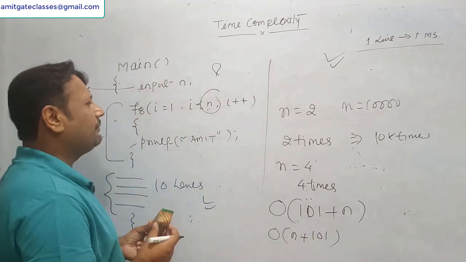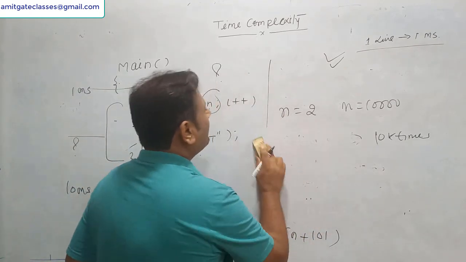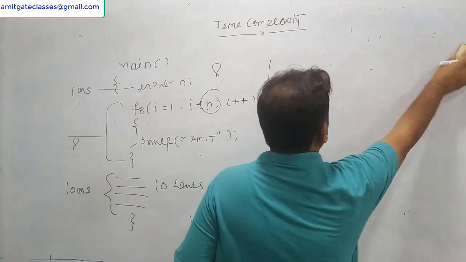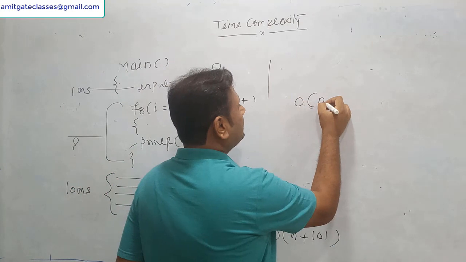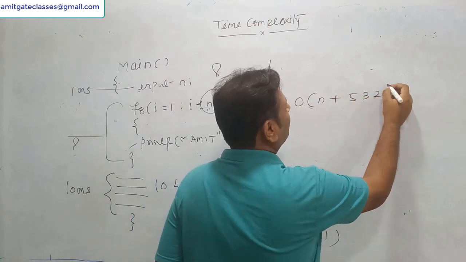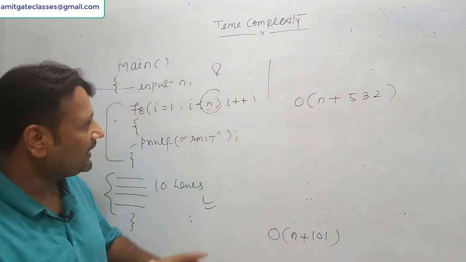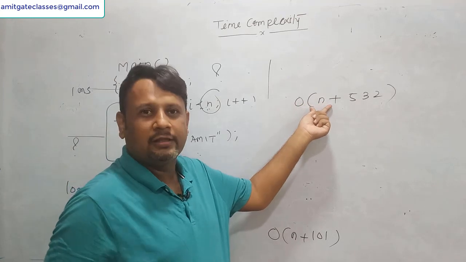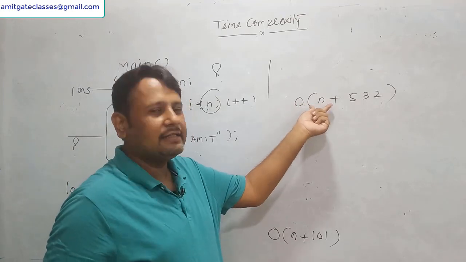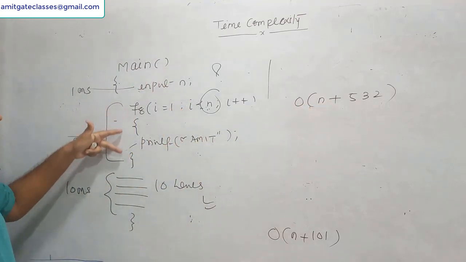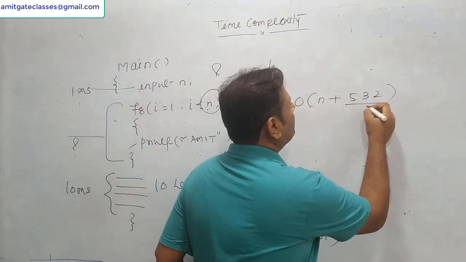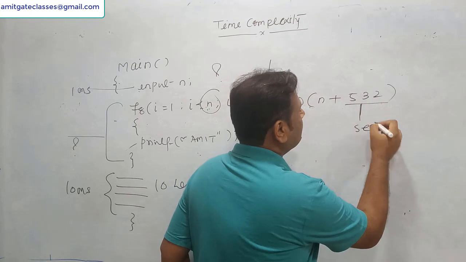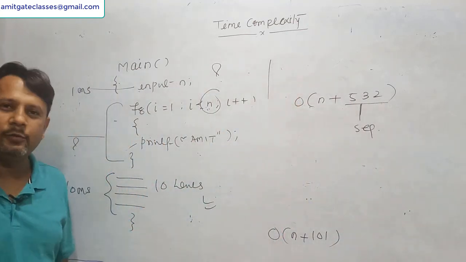Now, whenever complexity is given in front of you, how do you do the analysis? If I am saying my program is taking order of n time plus, let's say, 532, what does it mean? In this program there is a loop that is going to run n times, because this iteration value is not fixed, that's why n is there, and this 532 means sequential statements which are available in the program.